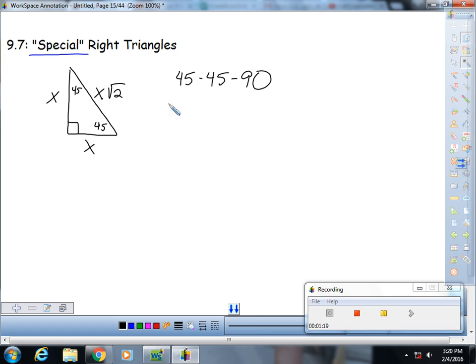If you have the leg and you want to get to the hypotenuse, you simply multiply by radical 2. If you have the hypotenuse and you want to get to the leg, you simply divide by radical 2. And let me explain to you why that is.